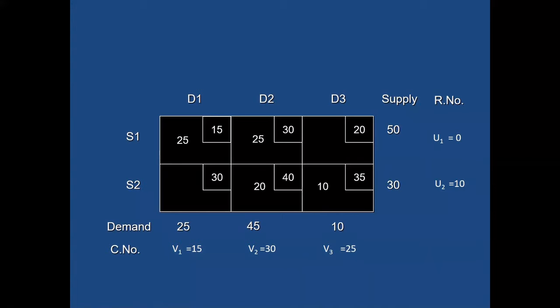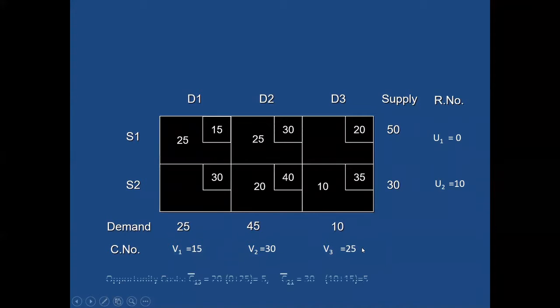Going next, I have to find the opportunity cost for the unoccupied cells. Now, in this example, I have only 2 unoccupied cells. S1D3 is the first cell, and S2D1 is my second cell. So what is the formula here? Using the formula for S1D3, I will write C13 bar equal to 20 minus (U1 0 plus 25).